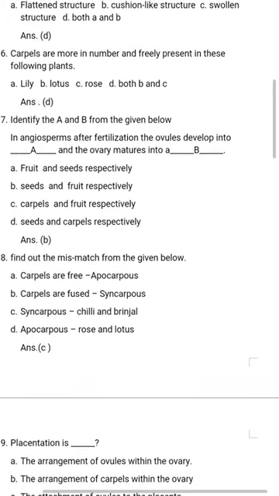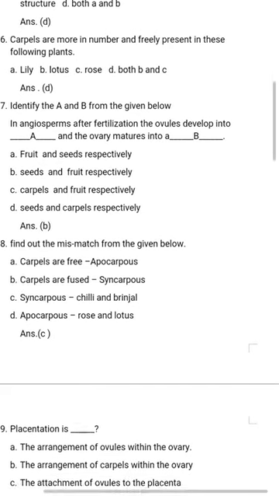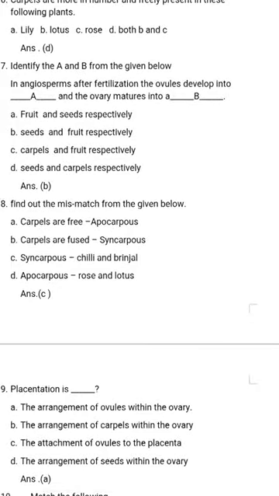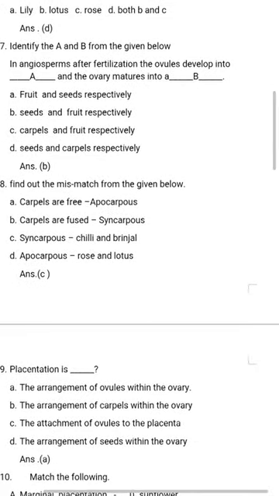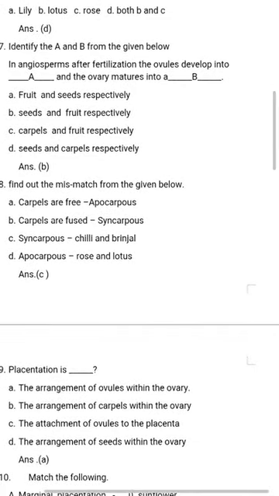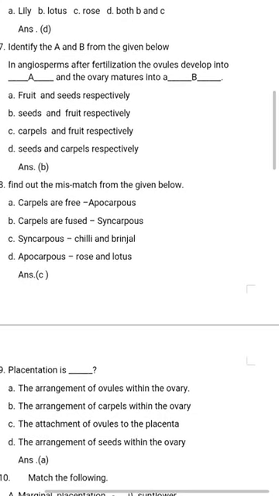In angiosperms, after fertilization, the ovules develop into dash and the ovary matures into dash. Now let us see what is A, what is B from the given options. Option A, fruit and seeds respectively. Option B, seeds and fruit respectively. Option C, carpels and fruit respectively. Option D, seeds and carpels respectively.